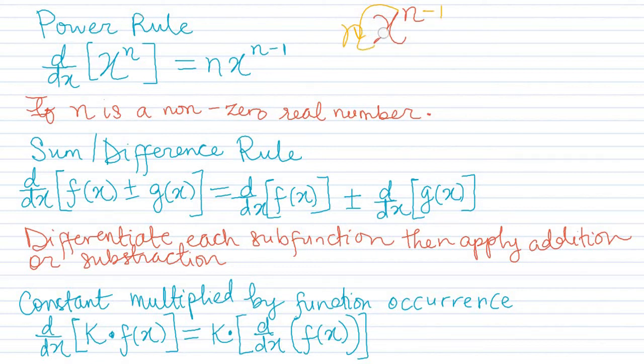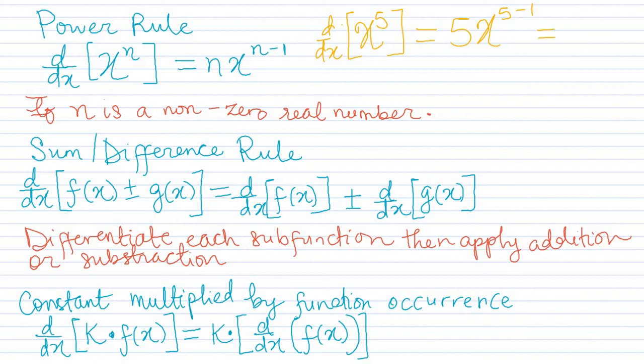Now, let's do a quick example. If we're supposed to differentiate x to the fifth, what you're going to do is bring down the power, bring down 5 and make it the coefficient of x. And then you decrease that power by 1, and you end up with 5 minus 1.